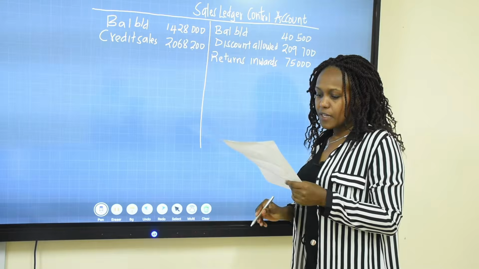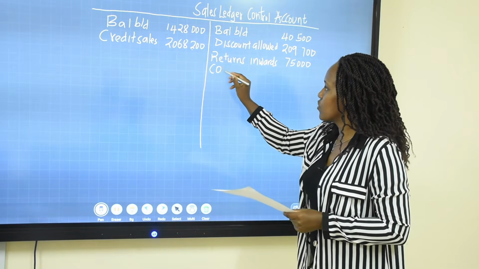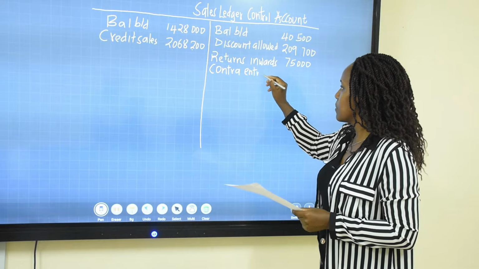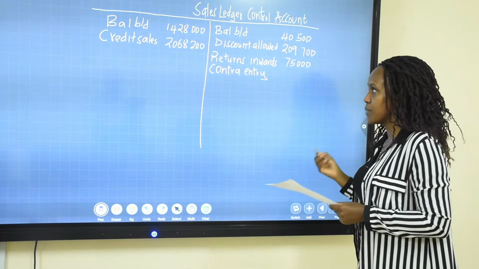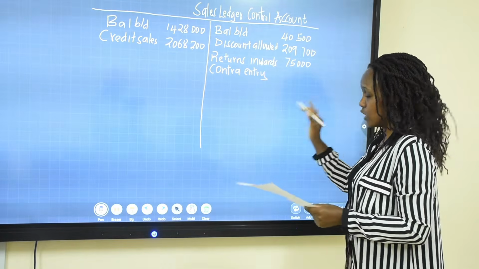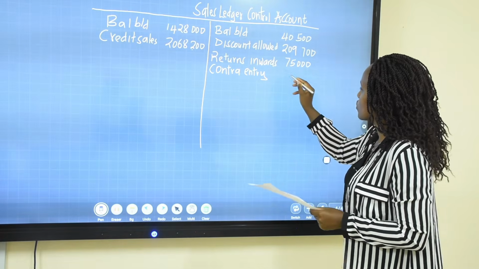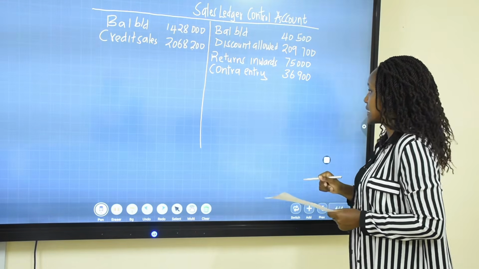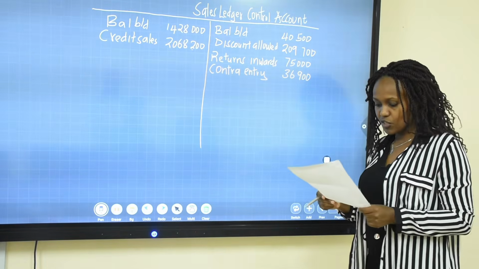We also have some contra entry, and I explained contra entry, so I will not do so again, but it is simply where instead of paying a supplier and the same supplier is one of your customers, you set off the amount that owes to each other. Here being 36,900, which is a contra entry.